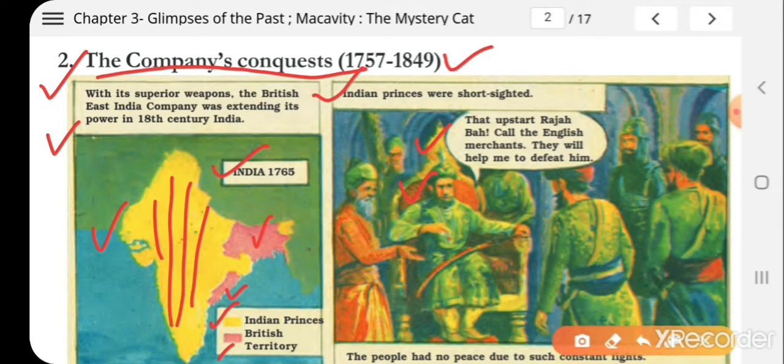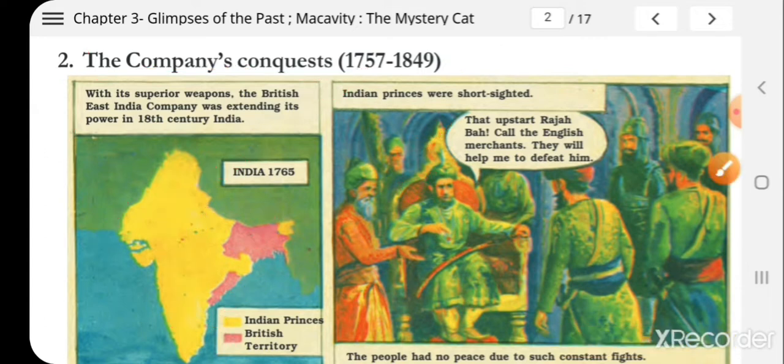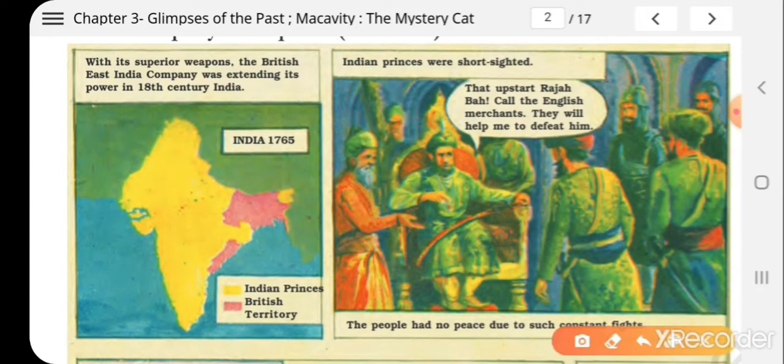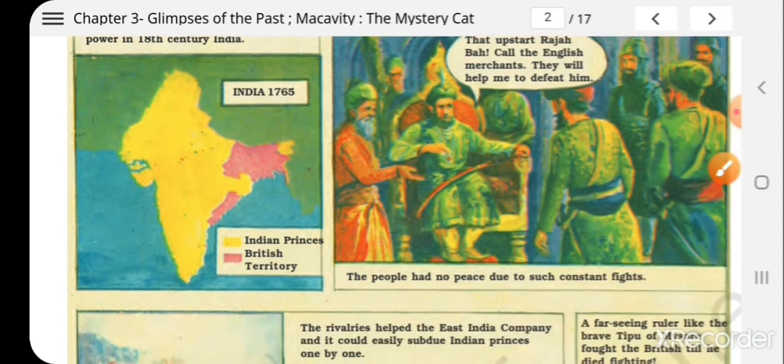It means that he is asking for help from English merchants to defeat his enemy. Down the picture it is written that the people had no peace due to such constant fights. When the kings of India were fighting with one another, there was no peace, because there were constant fights.